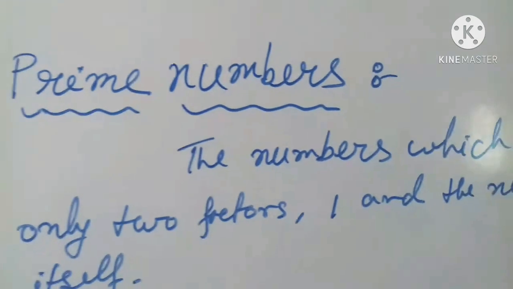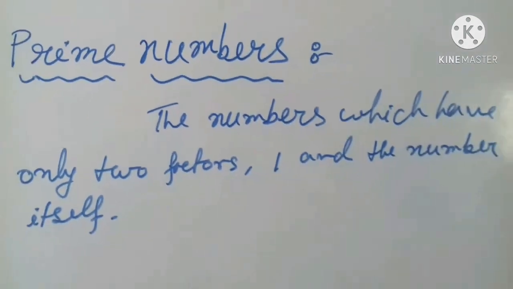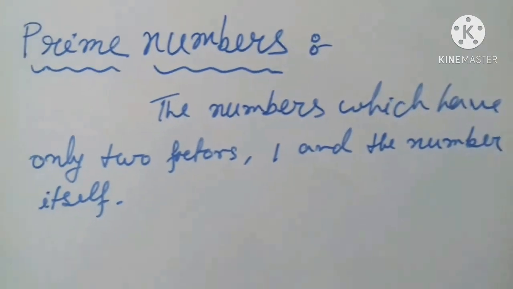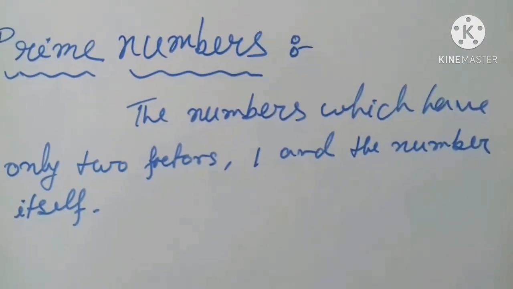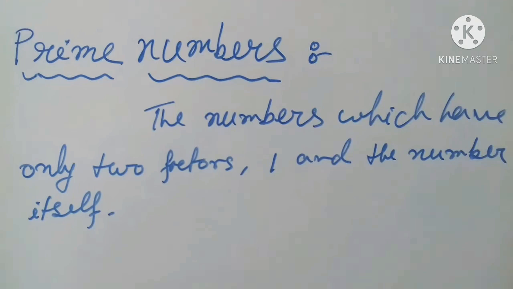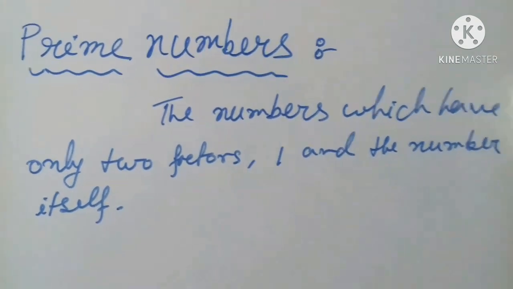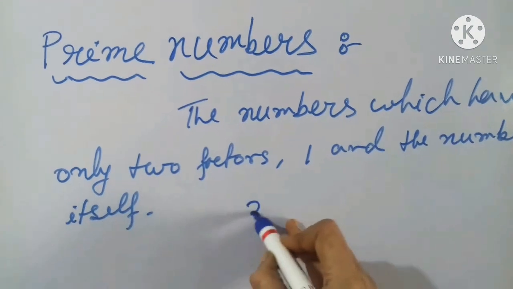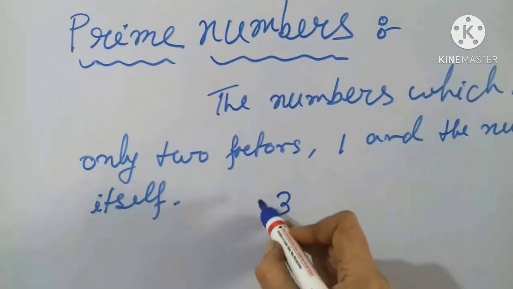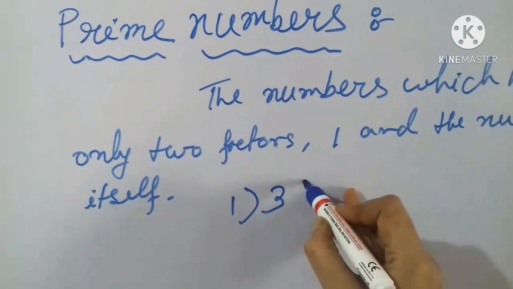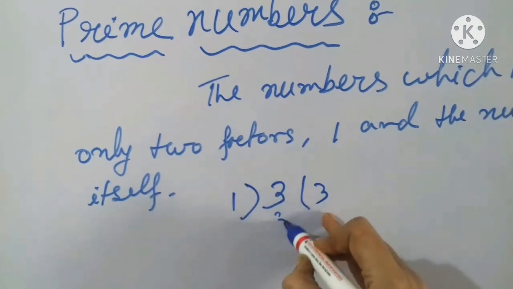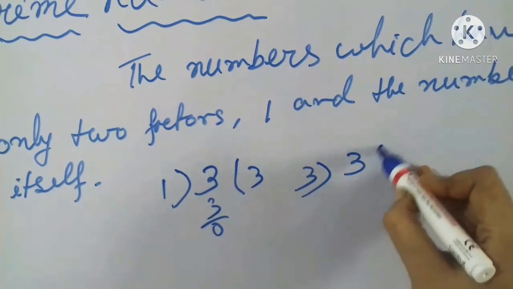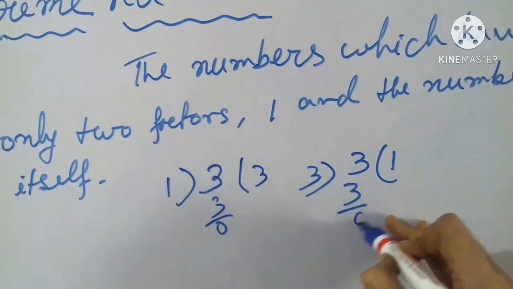Which numbers are prime numbers? The numbers which have only two factors, 1 and the number itself, are called prime numbers. Suppose I take the number 3. 3 is divisible by only 1 and 3. 3 1s are 3 and 1 3s are 3.